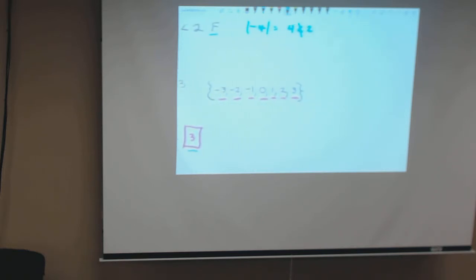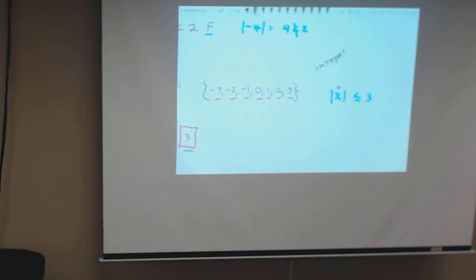Let's go over here and put the absolute value of x is less than or equal to 3. Let's just pick some numbers. X, since it said integers, let's just pick some integers. 0, 1, 2, 3, 4, 5, 6, and -1, -2, -3, -4, -5, -6.